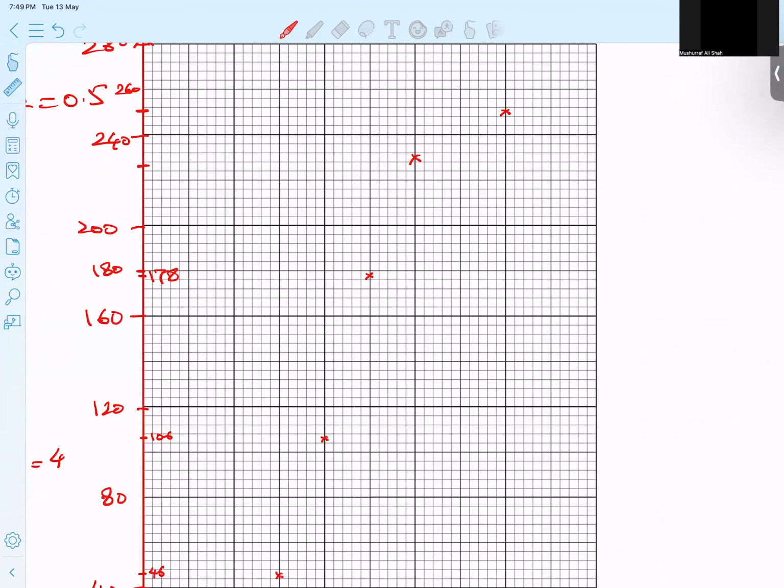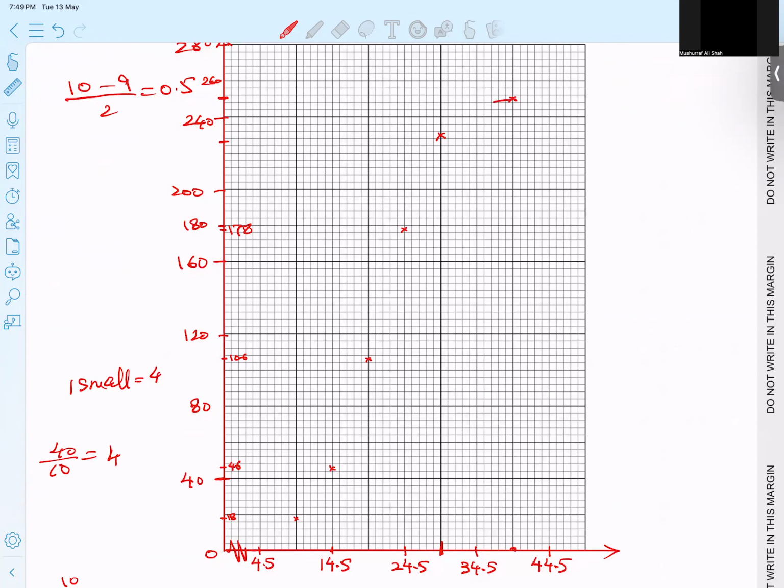Okay, and I'm going to draw now. So be careful, because there is a chance of mistake. Now start bending.